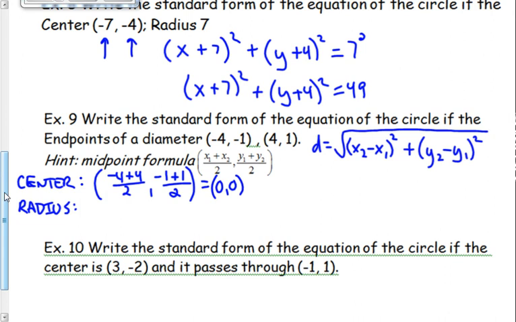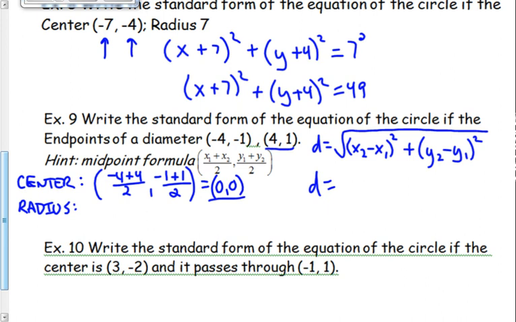So in our case, I'm going to use 4, 1 as my starting point and 0, 0 as my ending point.